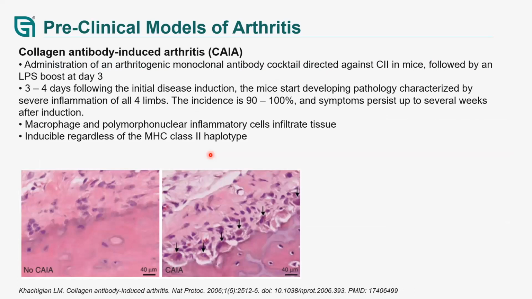This slide describes the collagen antibody-induced arthritis, or CAIA, mouse model. Disease in this model is driven by administration of an arthritogenic monoclonal antibody cocktail directed against collagen II, or CII, in mice, followed by an LPS boost at day 3. 3 to 4 days following the initial disease induction, mice begin developing pathology characterized by severe inflammation of all 4 limbs.